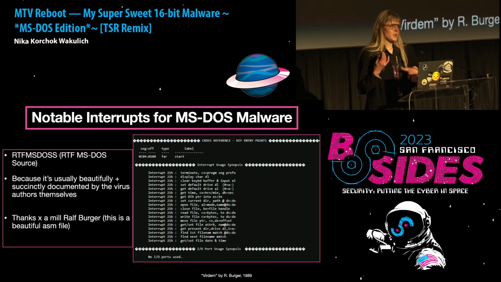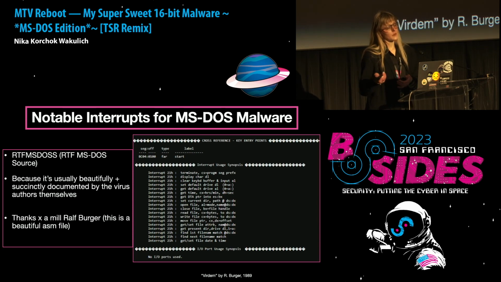And then in terms of further resources for learning about interrupts on MS-DOS and in relation to MS-DOS malware, you can do a few things, like you can get a book or several, like I did, and just page through all of the resources.